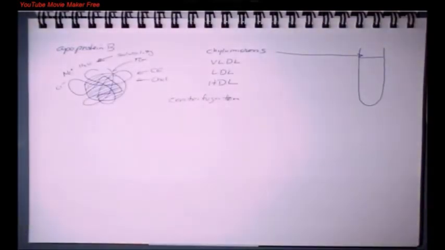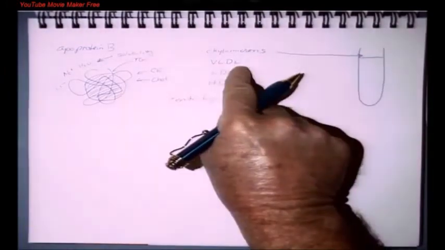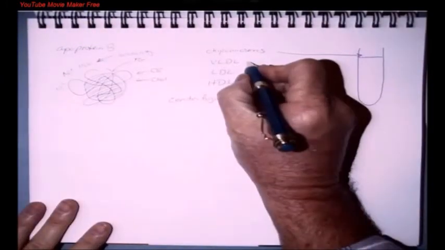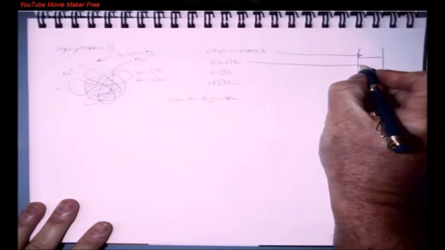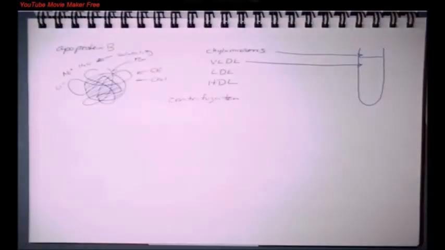VLDL is very low density lipoprotein. So this is defined by something that is actually a little bit denser than chylomicrons, but it's still very low density, very buoyant. So when you centrifuge this, it's not going to go very far down into the tube because of low density.